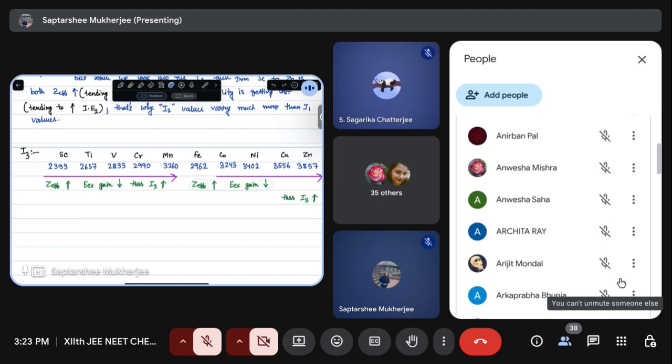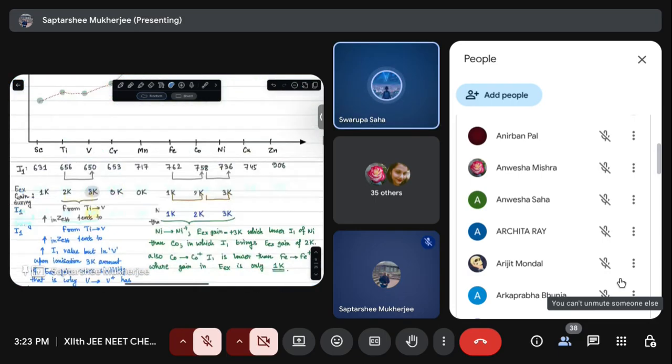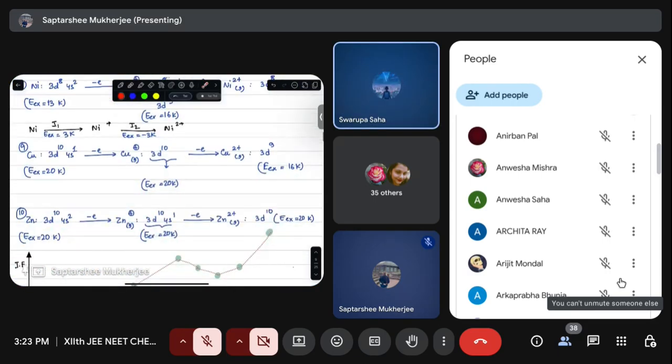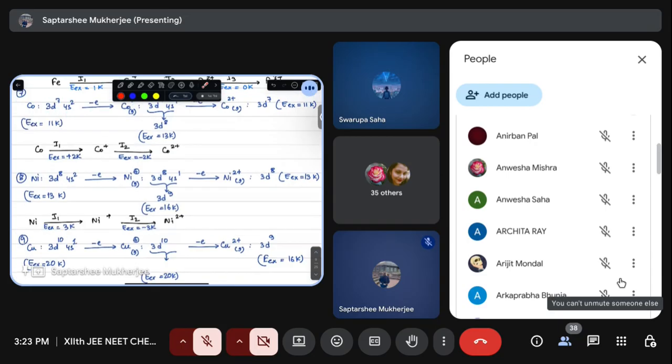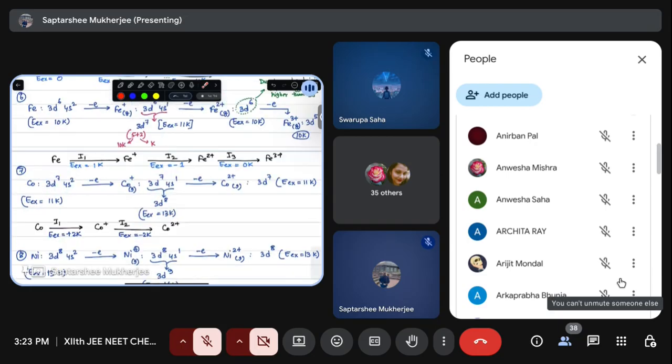Who can tell? We have already done it. Ranjal, what went different with iron? You see, somewhere we have done. Here you see iron plus 2 to iron plus 3, it is zero loss of exchange energy.